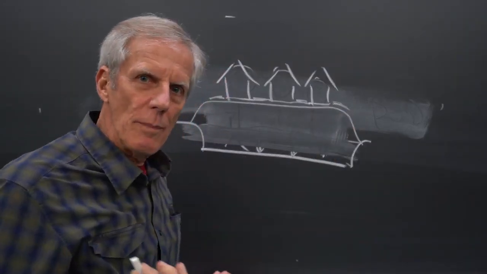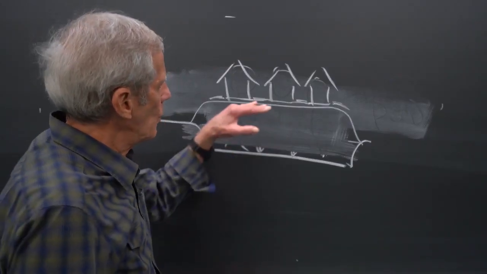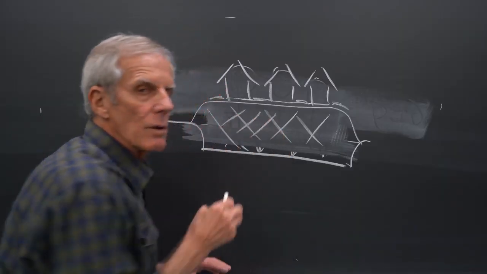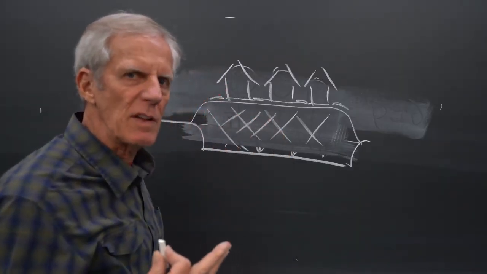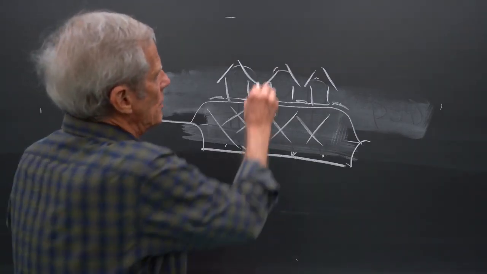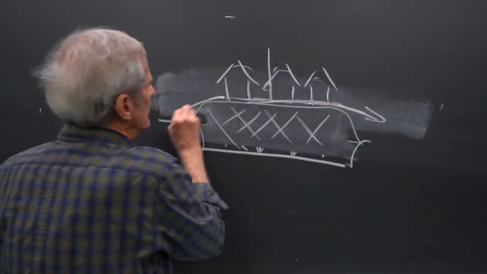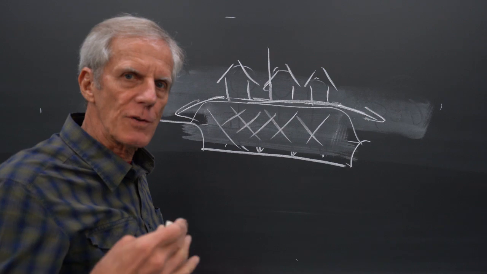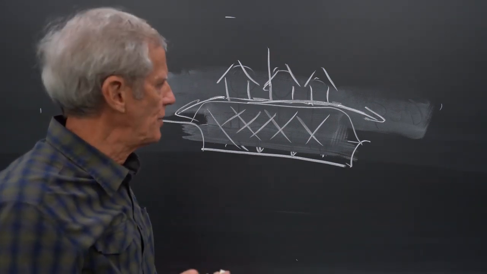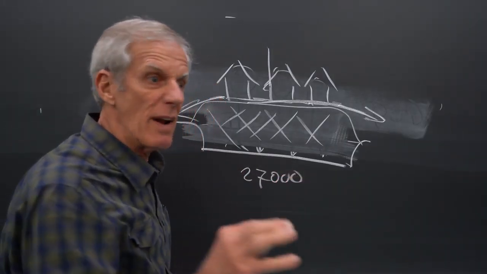Now there are a couple things that make no sense with respect to this ecologically. Number one, when we fill this area with this high clay content sand, we've effectively made a dam. So any surface water that comes off these houses is going to run off. This impervious surface will shed more water. A parking lot, which is 100% impervious, will shed about 27,000 gallons of water for every inch of rain.